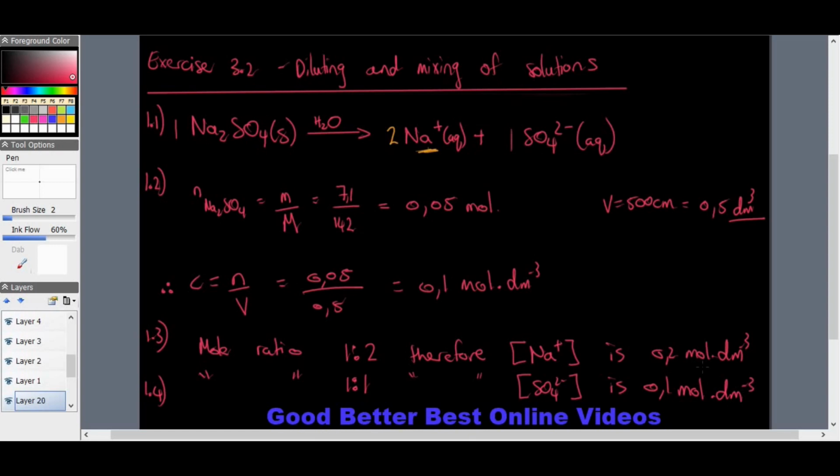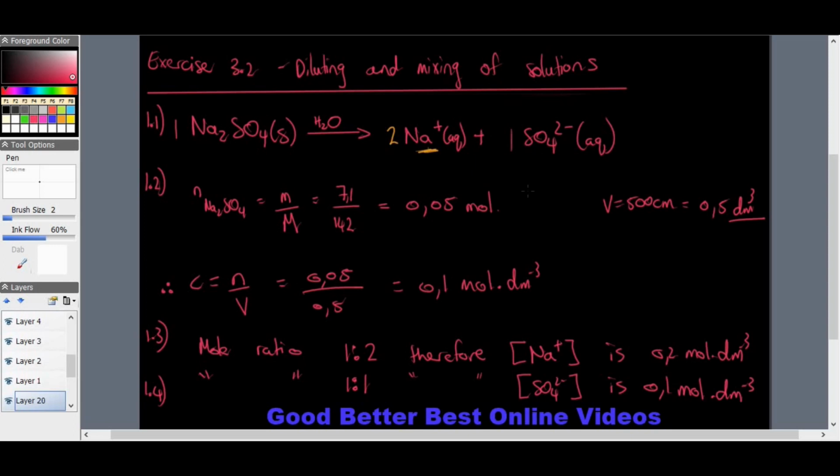Why? They are in the same mole ratio, 1:1. We don't need to work out anything. That's what the mole ratio is there for. It's there to help us. If you calculate the moles of one, we can calculate the moles of all by just using the mole ratio. So I'm going to stop at 1.4 for now.